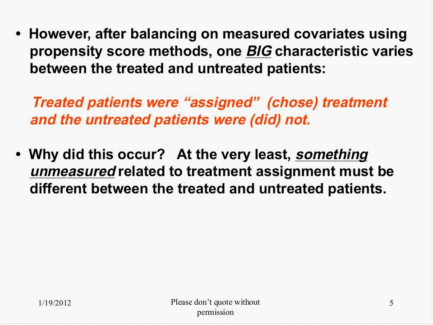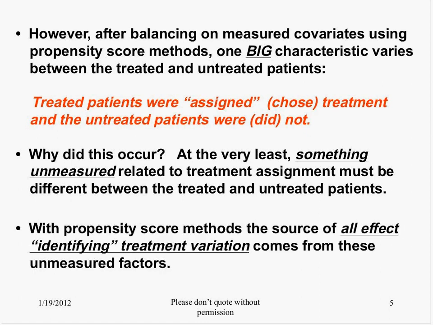You're bringing choice theory into that idea. So I argue that with propensity score methods, the source of all effect-identifying treatment variation comes from these unmeasured factors, the things that move around treatment choice that are unmeasured. So you should have a pretty good idea of theoretically what those things are.